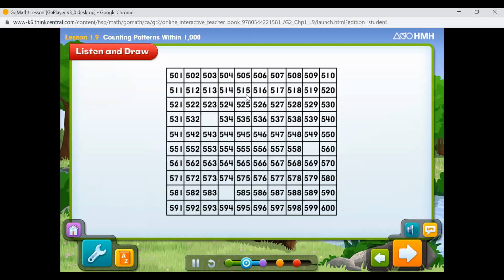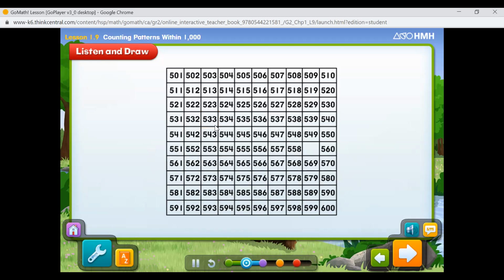Select where 584 belongs in the chart. 584 is just after 583. Select where 533 belongs in the chart. 533 is just after 532.